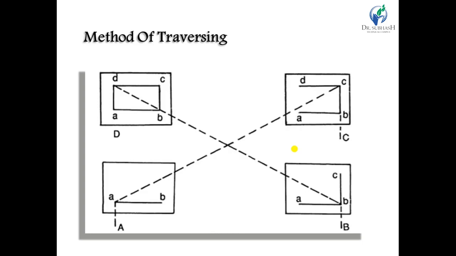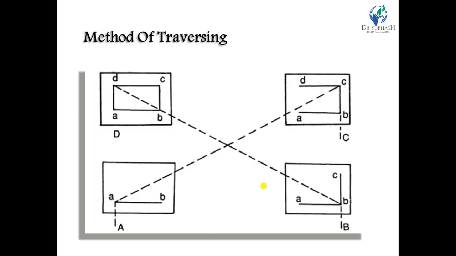After that, we move to our station point B and carry out the necessary operations like leveling, orientation, centering and other requirements. After that, we sight point C and draw the line BC.